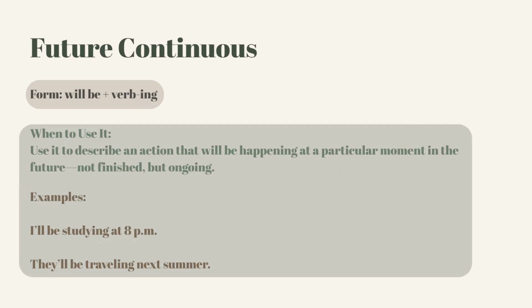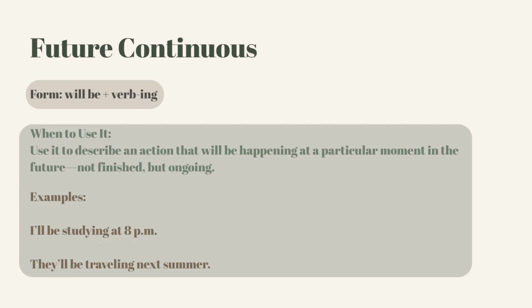It will be something that's ongoing throughout the next summer. The summer's not now, but it's in the future, okay? And that's when we use future continuous. It's to talk about actions that will be happening in the future.